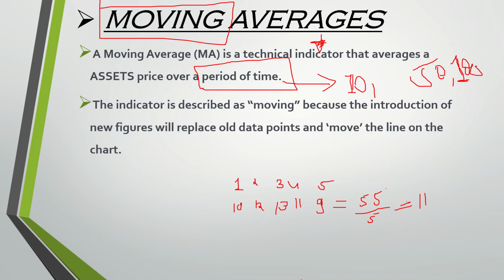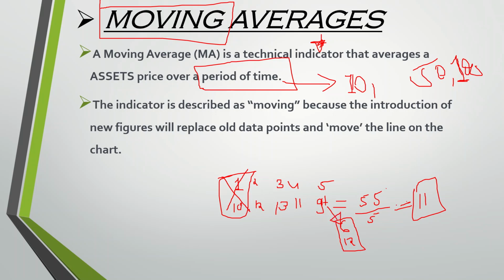But how is this moving? Let's assume that on the sixth period a new day started, and the price closed around 12 rupees. This is the new data point which has been added. The average of 11 was only for the last 5 points, but now a new day has been added. So the moving average calculation will remove the first data point from the series and add the new data point.